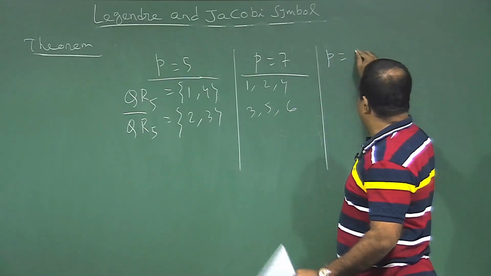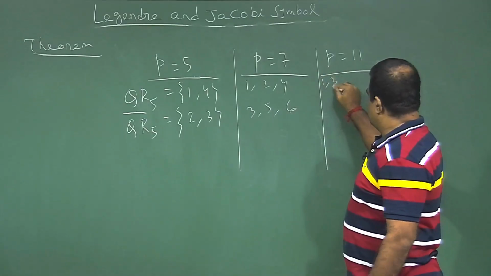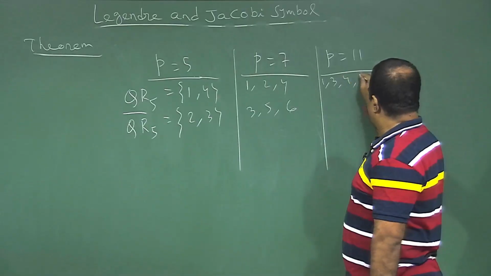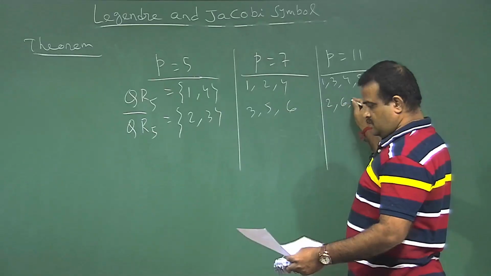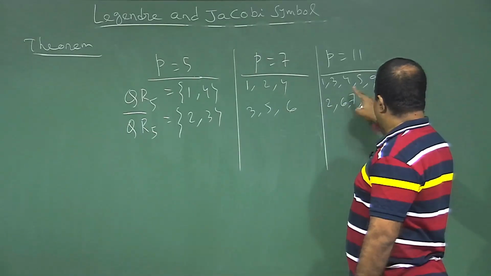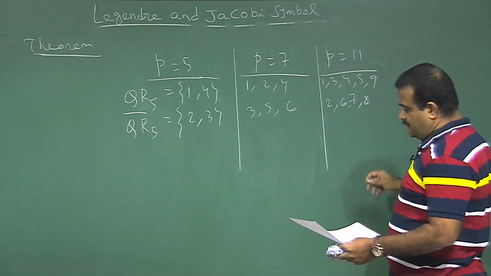P is equal to 11. This example we have seen: the quadratic residues are 1, 3, 4, 5, 9, and the quadratic non residues are basically the rest of the set Zp.